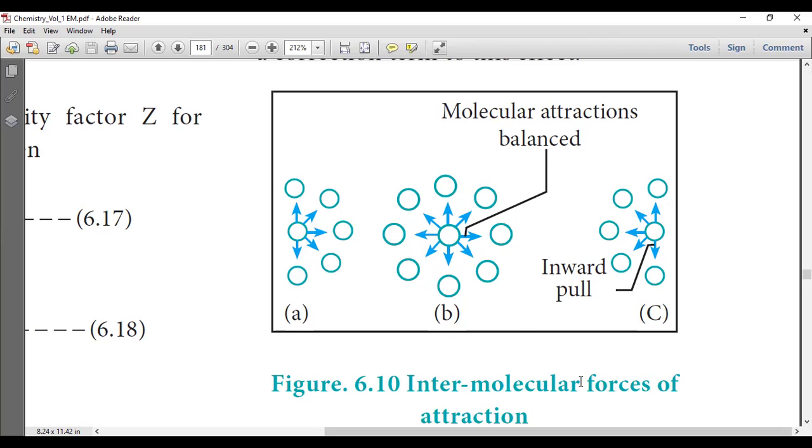So this leads to intermolecular force of attraction. Throughout the whole container, all the gas molecules will get attracted with each other. So for that, a pressure correction term is introduced by van der Waals.